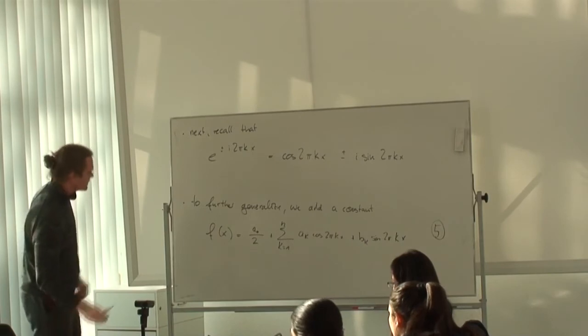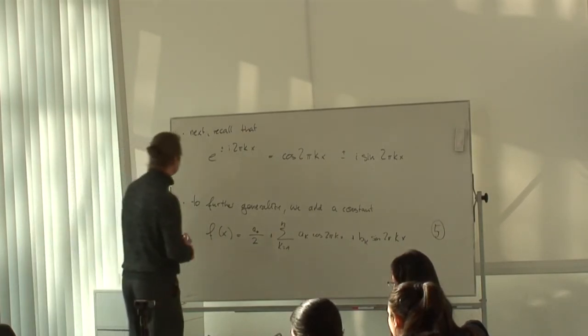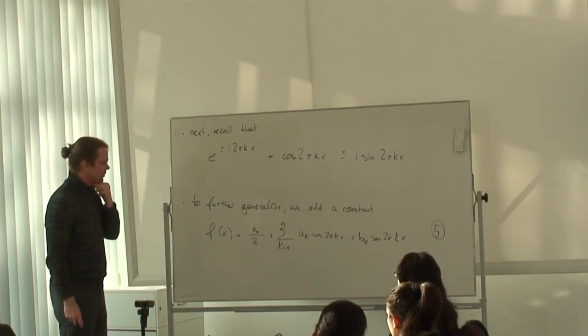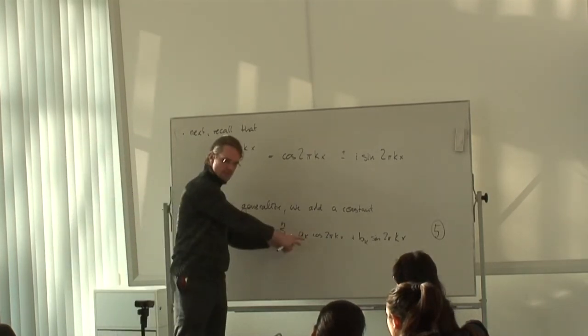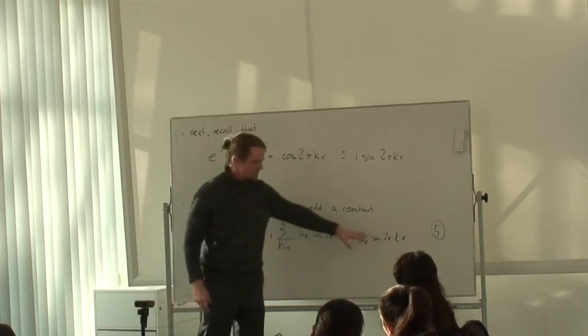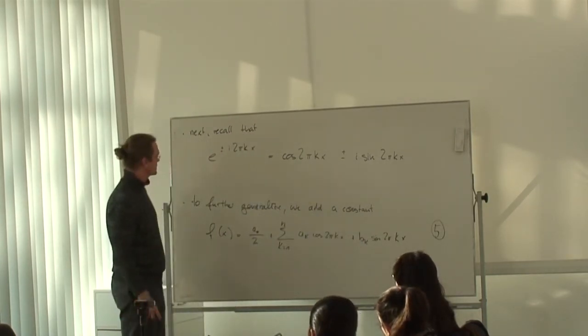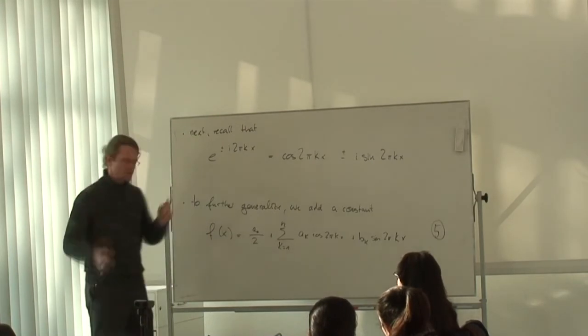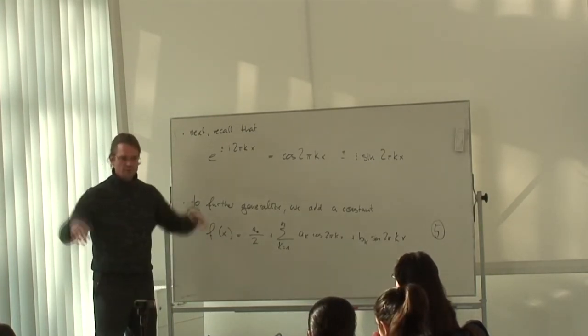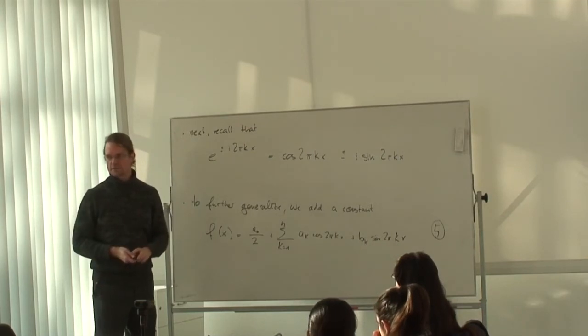Right? Why would I remind ourselves of this? Because if we look at this, look here, then we have some cosine plus something sine, which is very reminiscent of this complex valued function e raised to the i something.